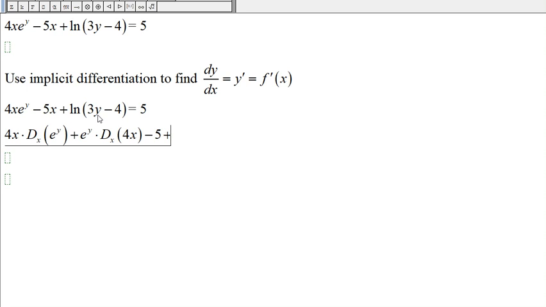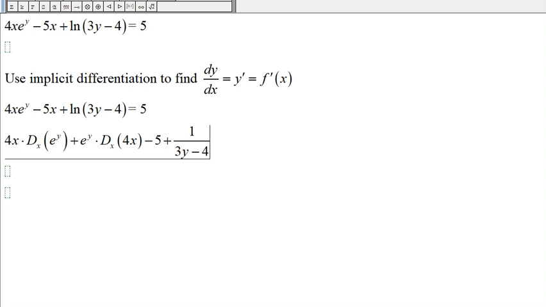And then here this is ln of the expression 3y minus 4. And so this will be 1 over 3y minus 4, and then times the derivative of 3y minus 4. And then the derivative of the constant 5, which is 0.